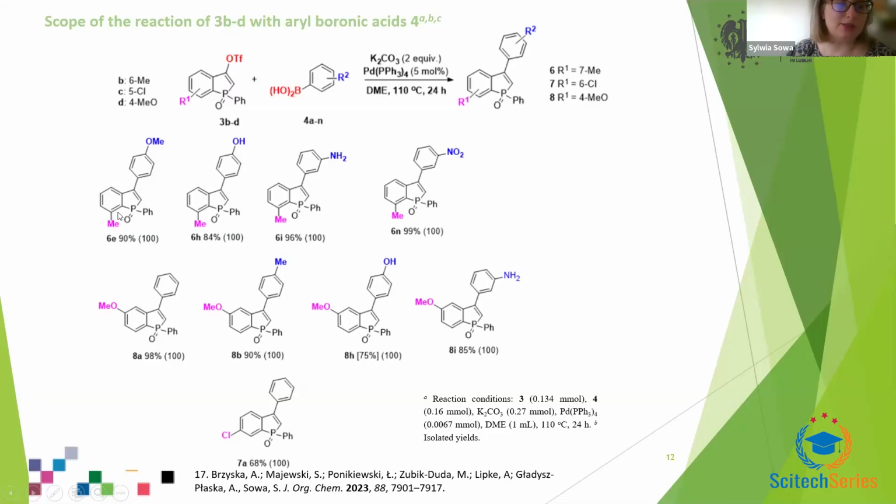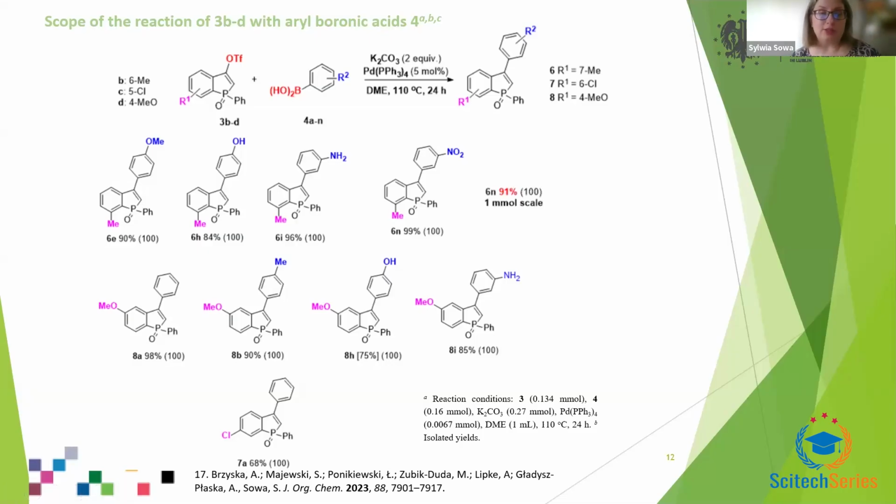So we can name electron-donating groups like methyl and methoxy groups, which provided the expected products 6 and 8 with very good yields. Also, the triflate possessing the chloro substituent also provided the products, however, in a bit lower yield due to problems with the purification.